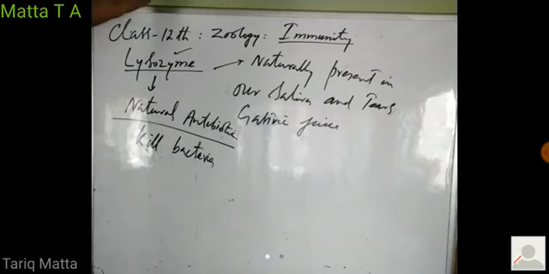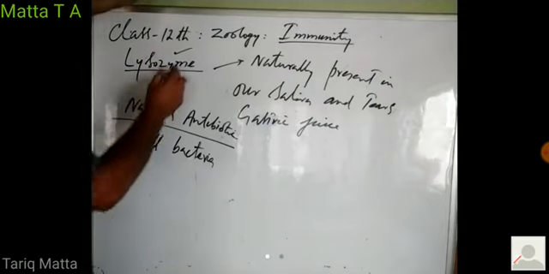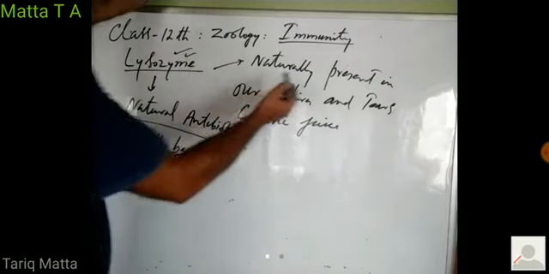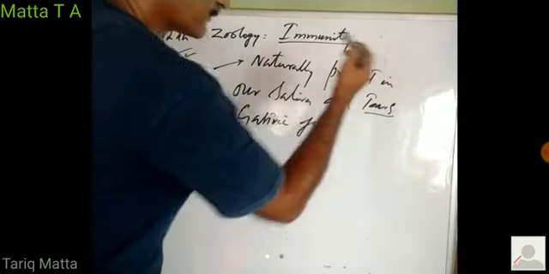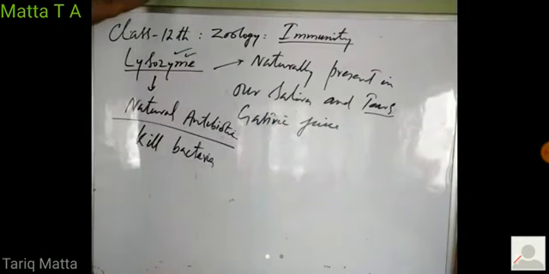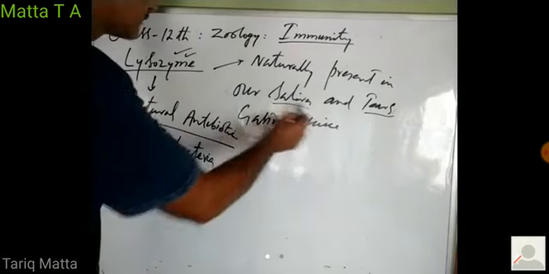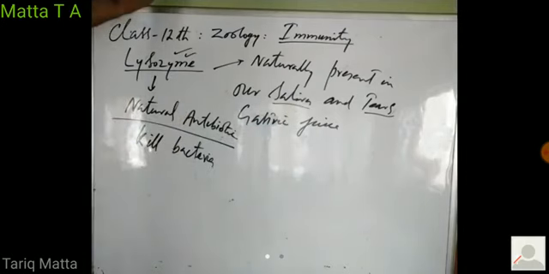Our eyes continuously produce an antibiotic. What is that antibiotic? Lysozyme. It is naturally present in our tears. Our mouth continually secretes saliva, and in this saliva we have lysozyme. Our alimentary canal secretes gastric juice, and in that gastric juice we also have lysozyme. So this lysozyme kills bacteria.